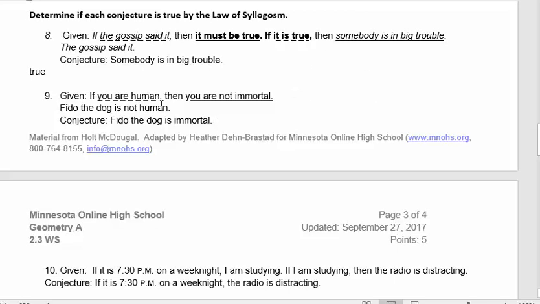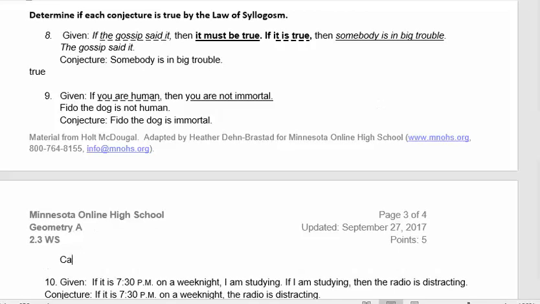They just said Fido the dog is not human, but we need another statement to be able to see if the conclusion of the first matches the hypothesis of the second. We cannot use the law of syllogism if there are no two statements.